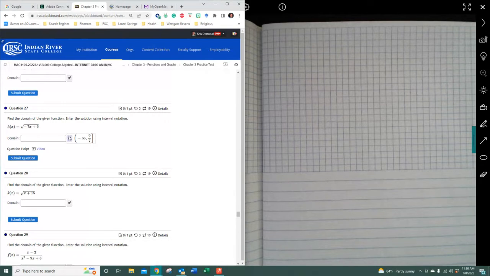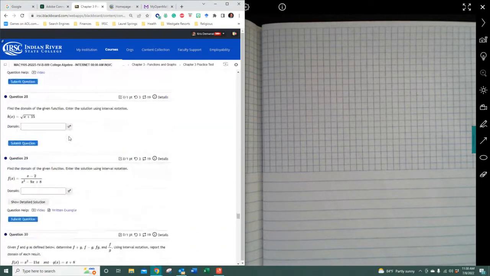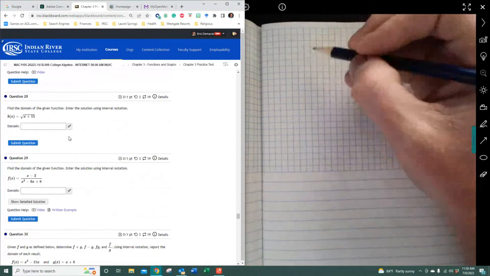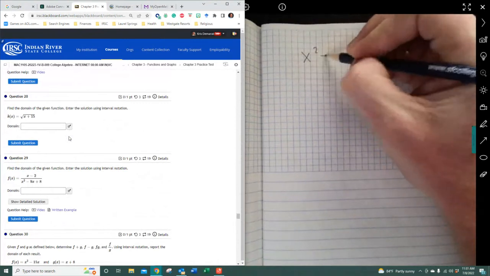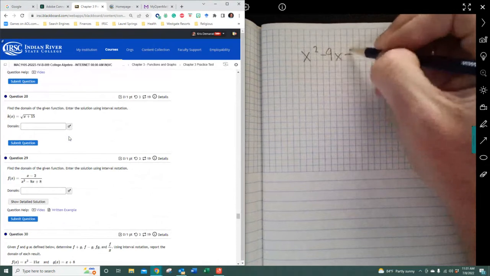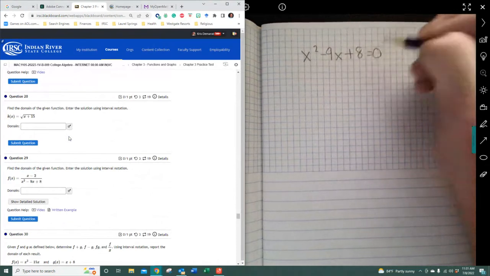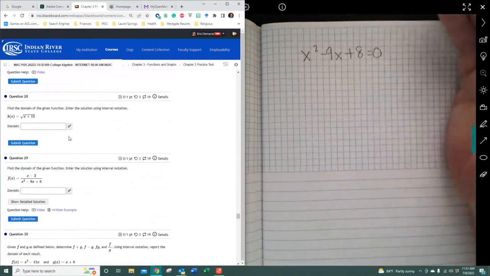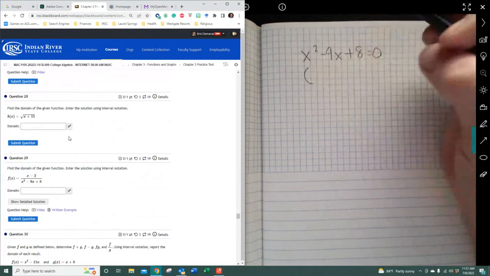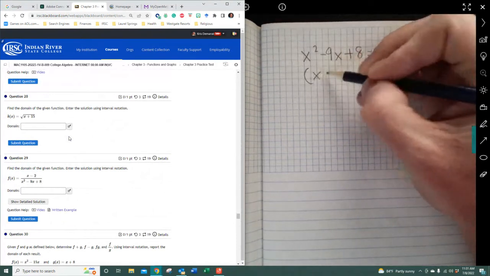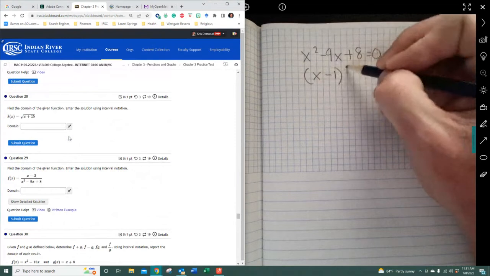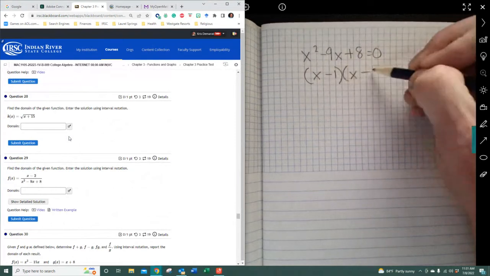Okay, now 29. All right, now the domain for that. All you've got to do is set the denominator equal to 0 and then solve for it. In other words, factor. What two numbers multiply together to create 8 and add to negative 9? That would be negative 8 and negative 1.